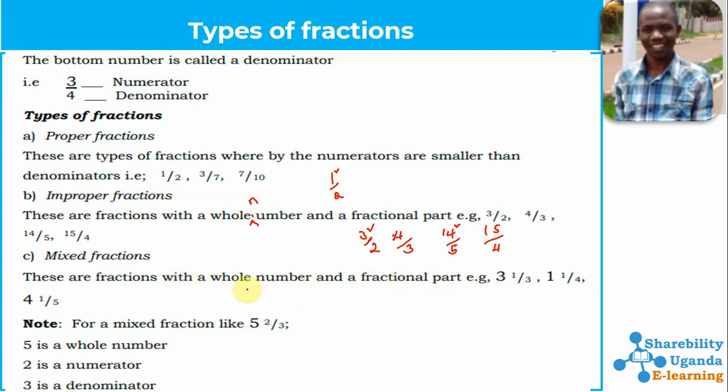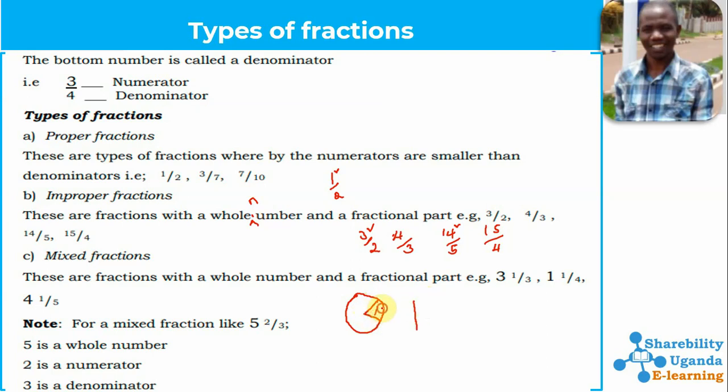So we can identify this as having, let me say, a watermelon, assuming this is our watermelon. So our watermelon, when we divide it into some parts, we shall say our watermelon is 1, but we are dividing it into some parts.